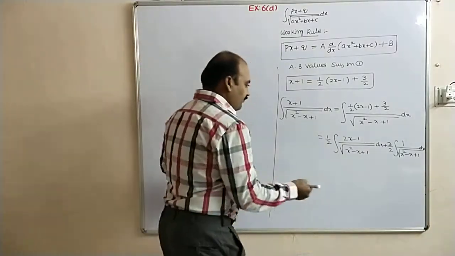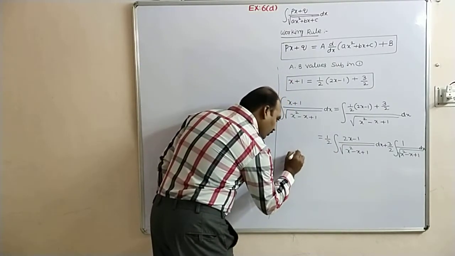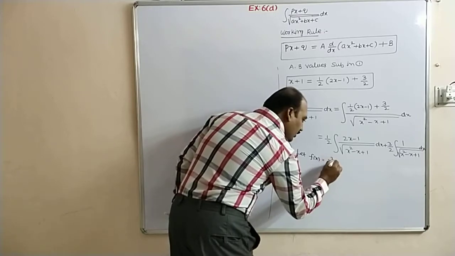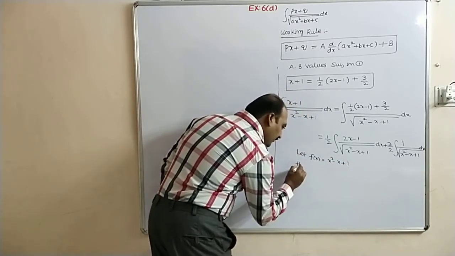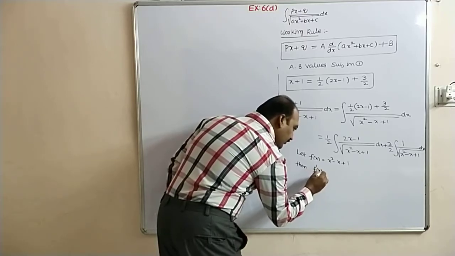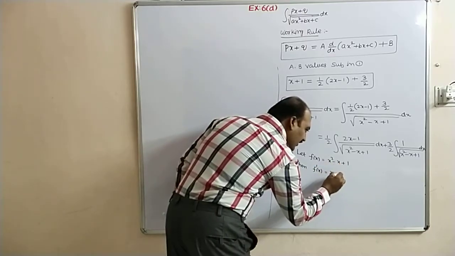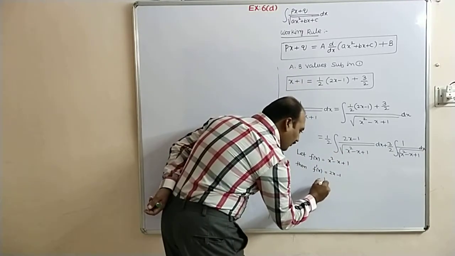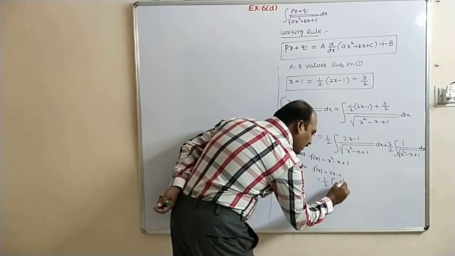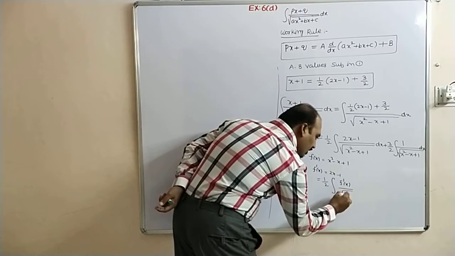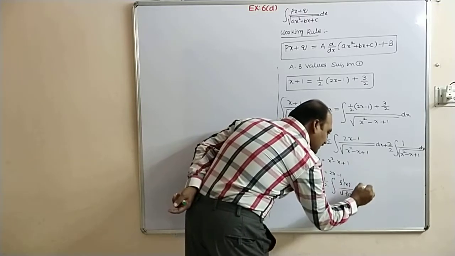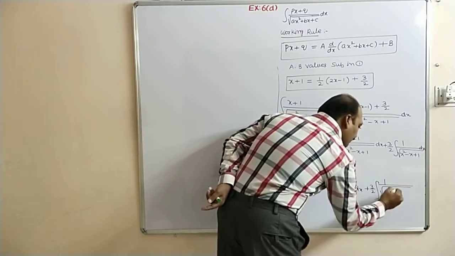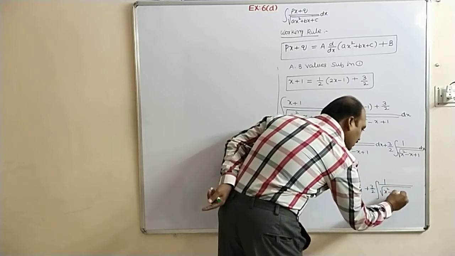After reaching this step, let f of x equal x square minus x plus 1. Then f dash of x, that means the differentiation of this function: x square derivative is 2x, minus x derivative is minus 1, and the constant derivative is 0. So this first integral becomes half into integral f dash of x by root f of x dx, plus 3 by 2 into integral 1 by the square root of (x square minus x plus 1) dx.